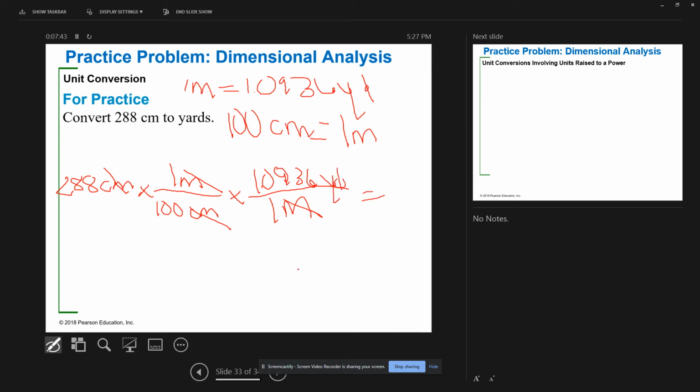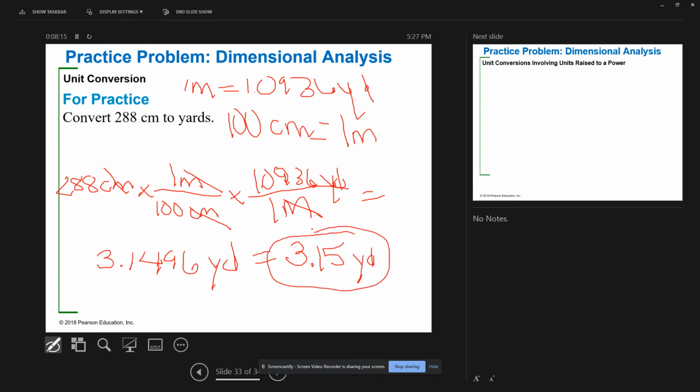So when I do the math, I get 3.1496 yards. But when I round to significant figures, again, these conversion factors don't count. So I look here, I had 3 significant figures, so I should have 3 in my answer. So it'd be 3.15 yards. And that would be my answer.